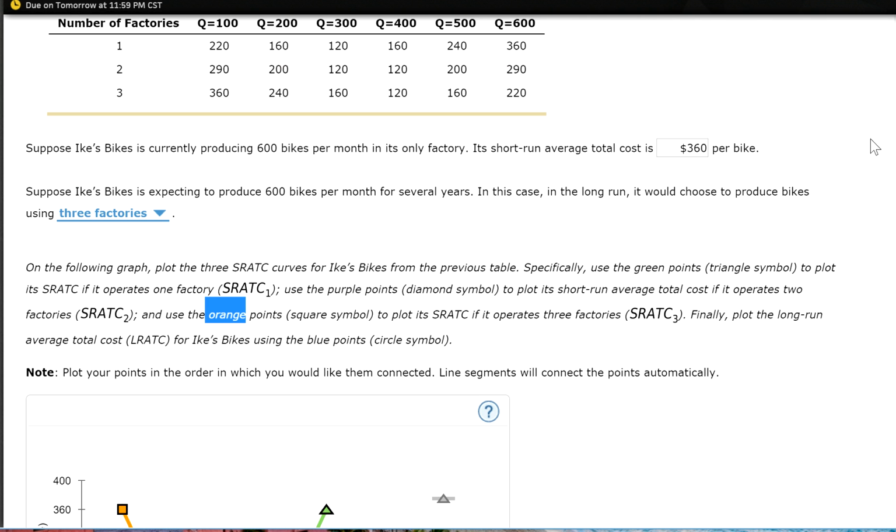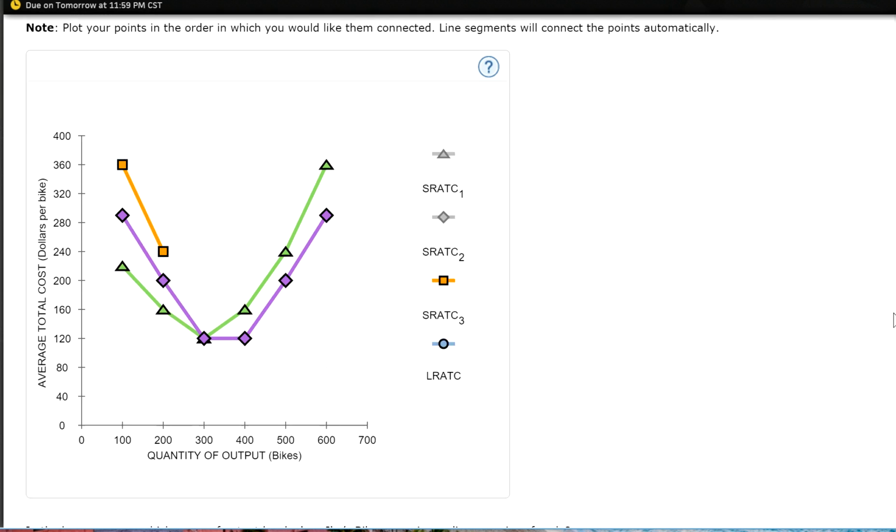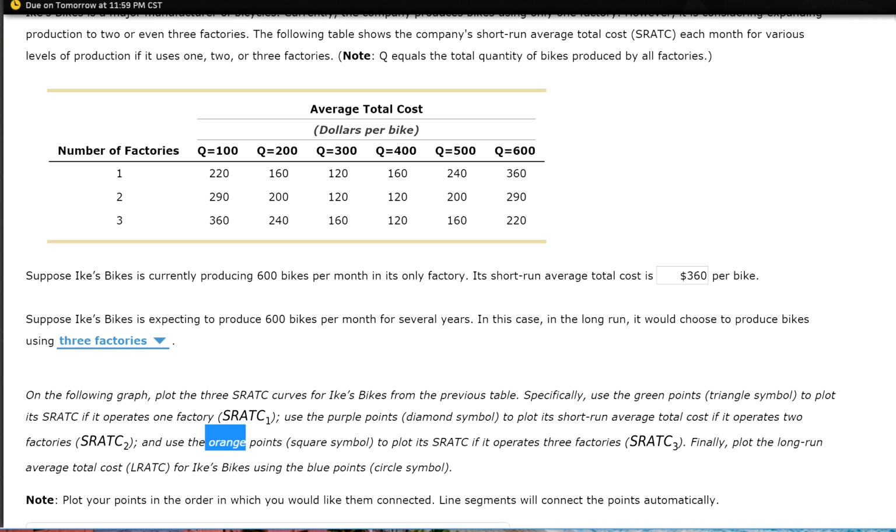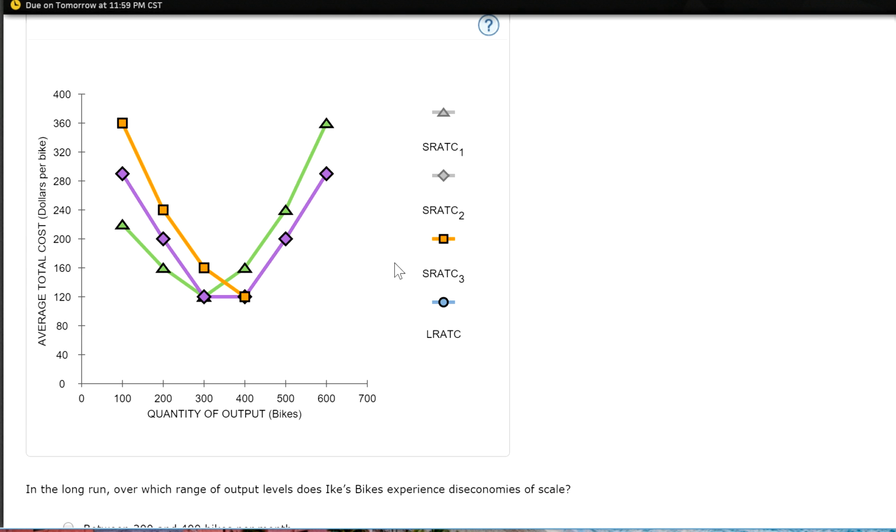Then 160, 120, 160, 220. All right, so this is my orange one, and the last one is going to be our long run average total cost.